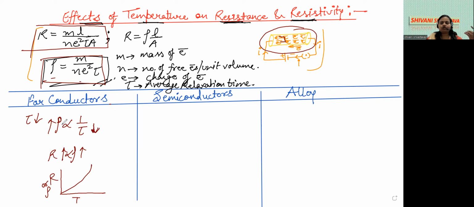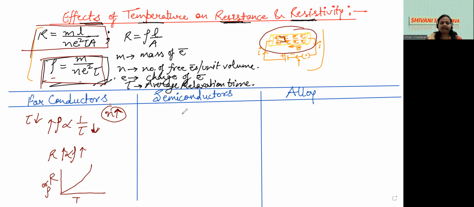Here the number of electrons will not be so effective. If the number of electrons increases, then the resistivity will decrease only, because it is inversely proportional to that.